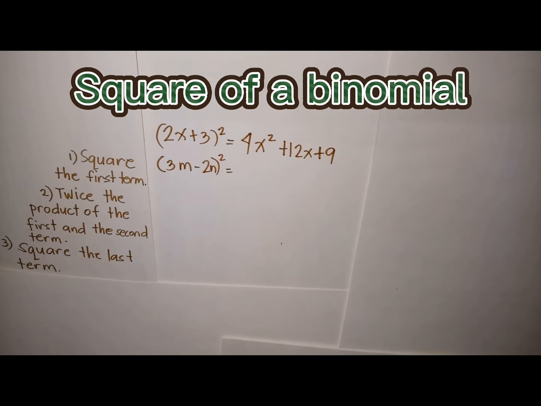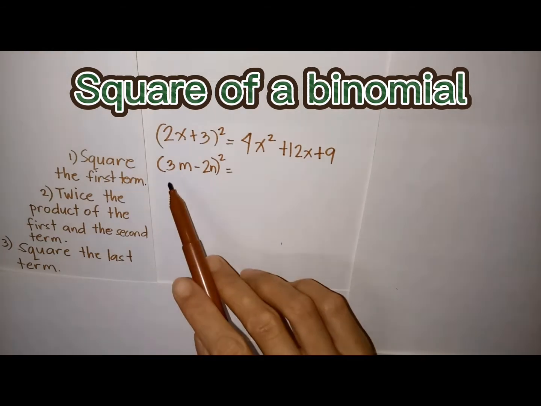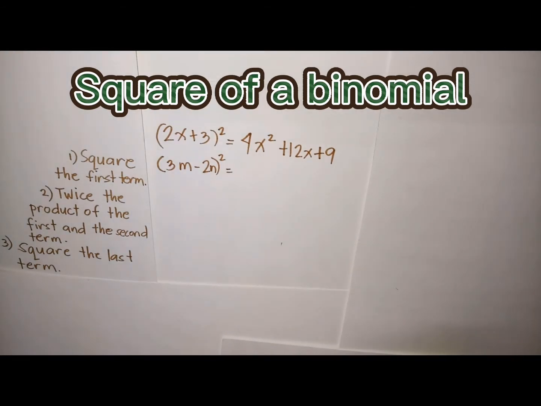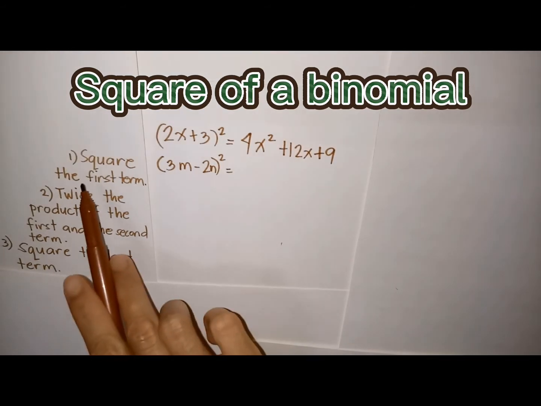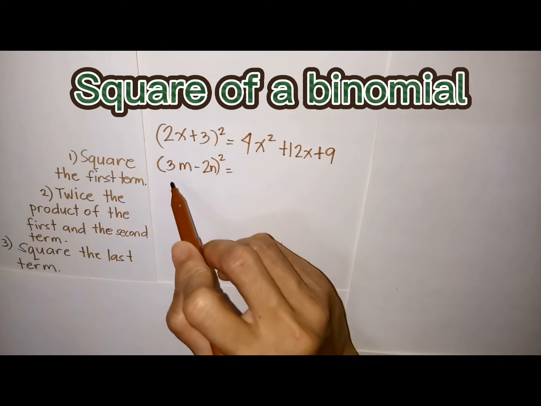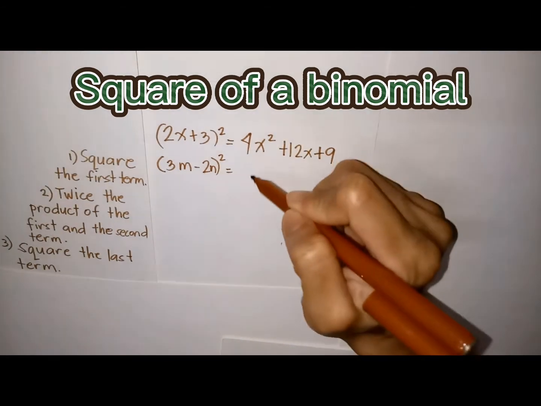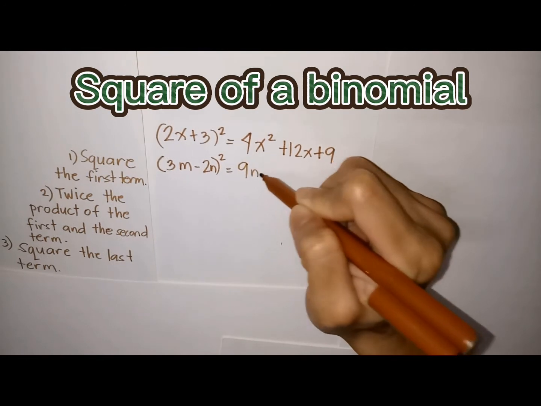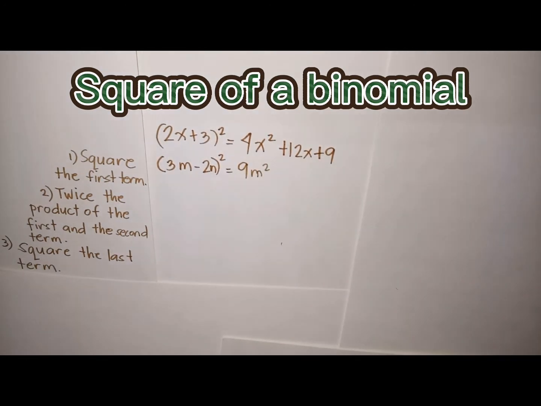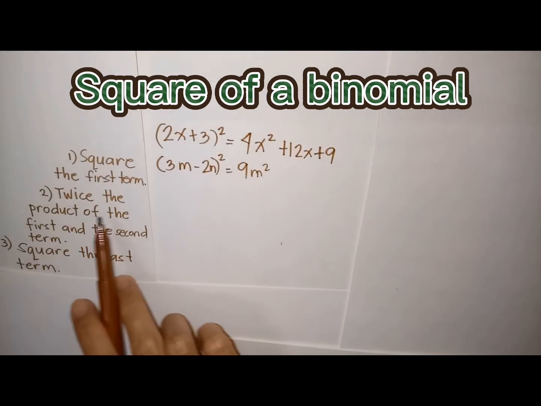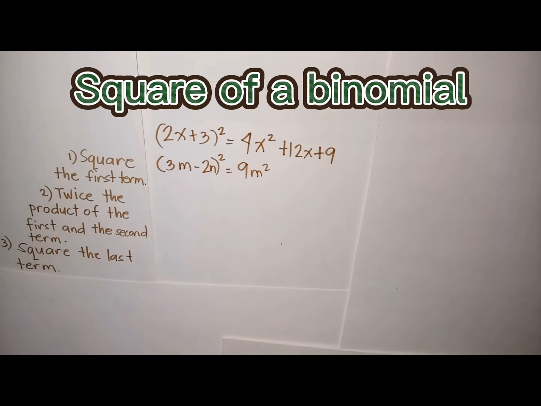Let's now move on with our second example. We have the quantity 3m minus 2n squared. So we have our first step. We need to square the first term. 3m squared, that will give us 3m times 3m, that is 9m squared. Then our second step, twice the product of the first and the second term.